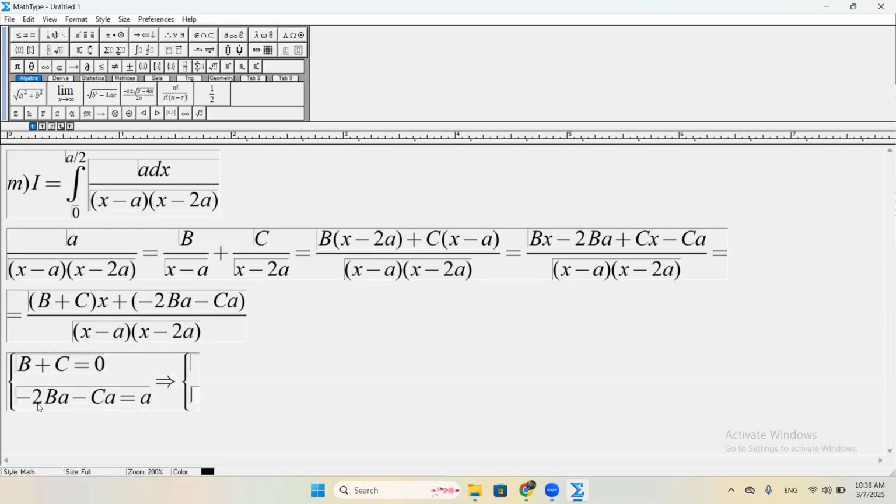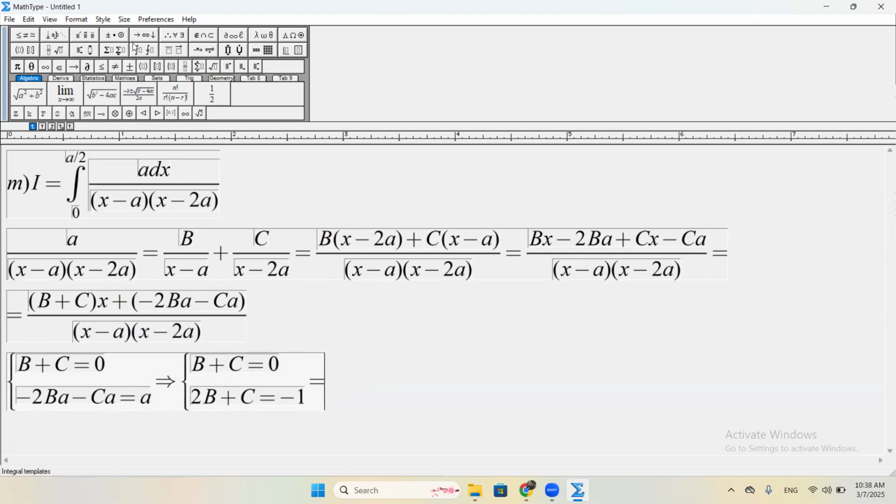Okay. So let's divide this expression by minus a. So we will have 2b plus c equals minus 1. So we cancelled a and it will be easier for us.